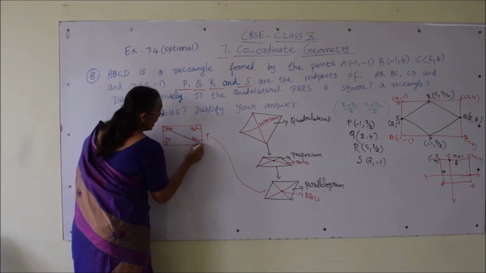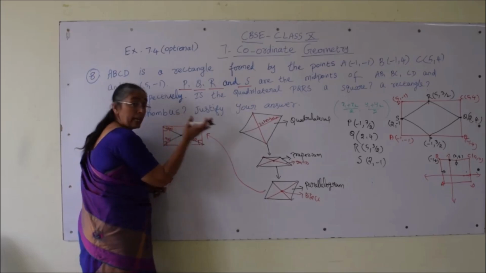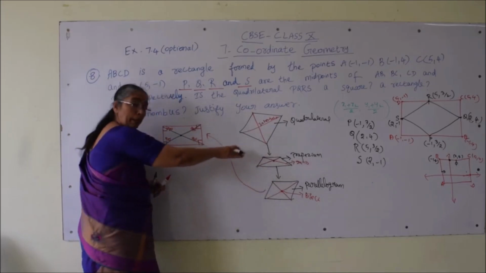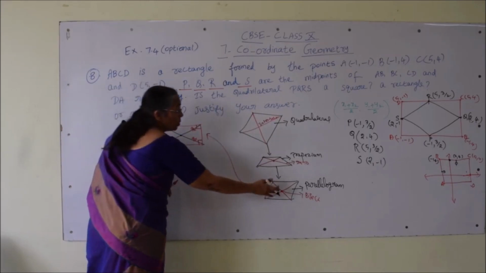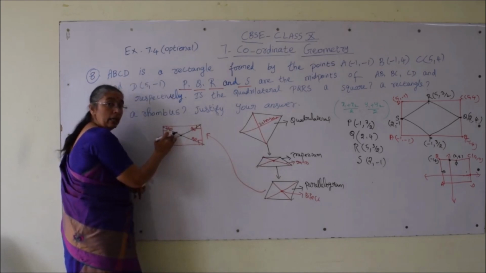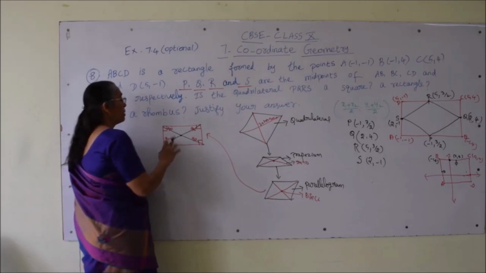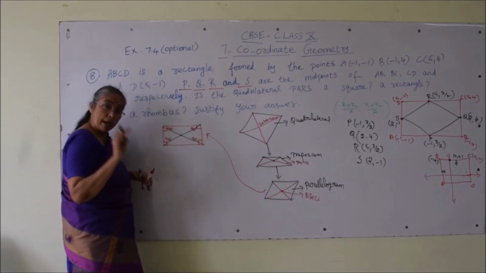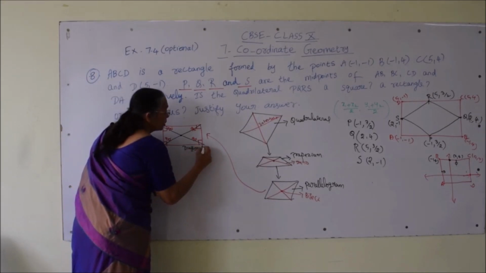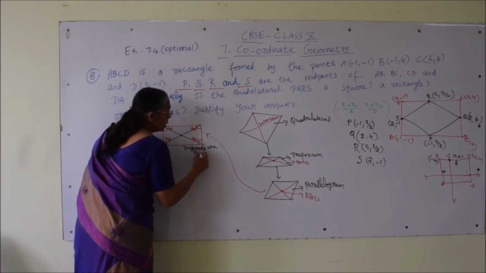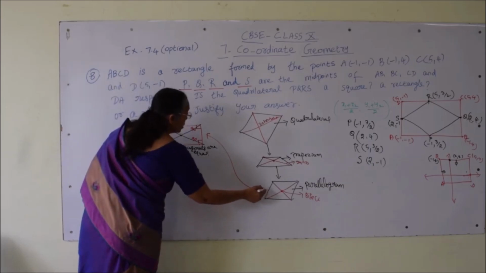Diagonals are already bisecting, since all rectangles are parallelograms, all parallelograms are trapeziums, all trapeziums are quadrilaterals; the reverse can't come. The diagonals already bisect and they are equal. Diagonals are equal.